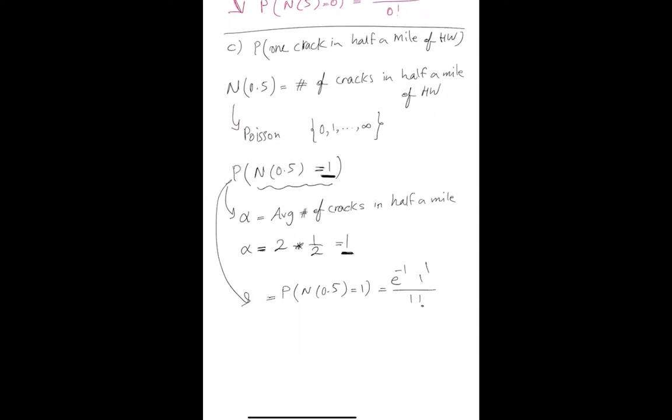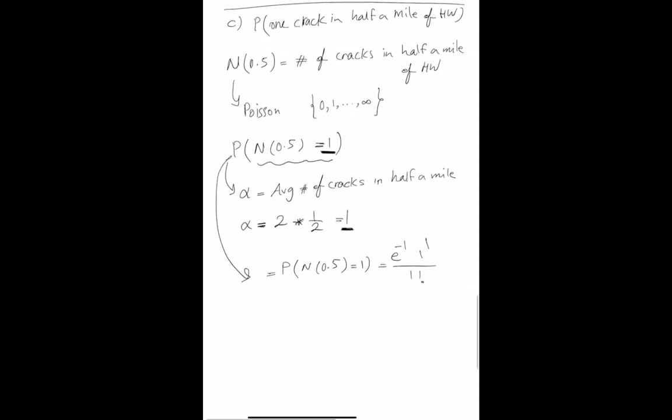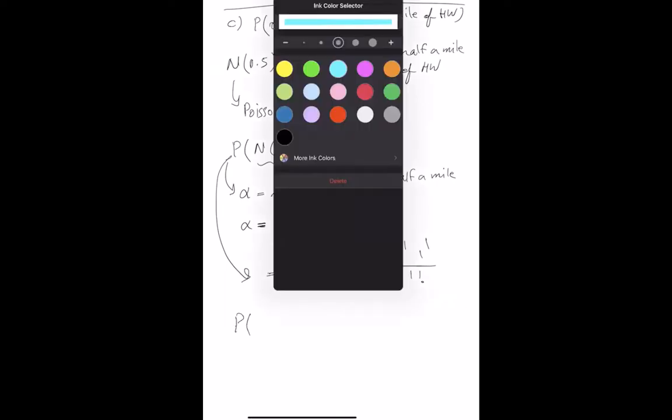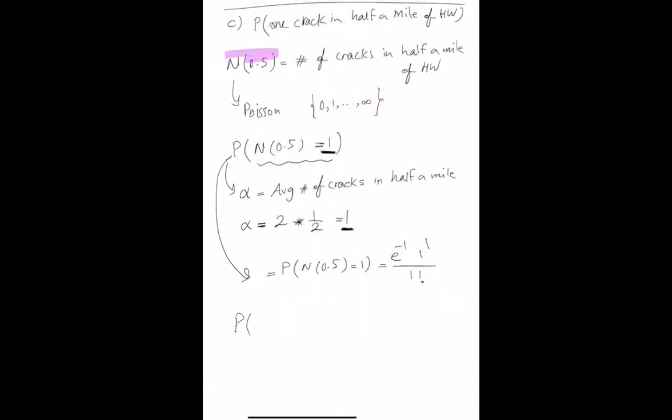Actually, part B is similar to this. Part B says, what is the probability that at least one crack requires repair in half a mile of the highway? How do you write that? Probability of at least one crack in half a mile of the highway. And we just said the random variable that shows the number of cracks in half a mile of the highway, I showed it by N of 0.5.